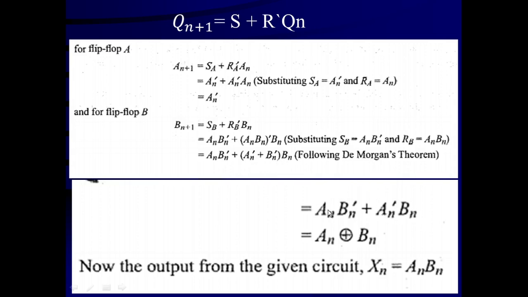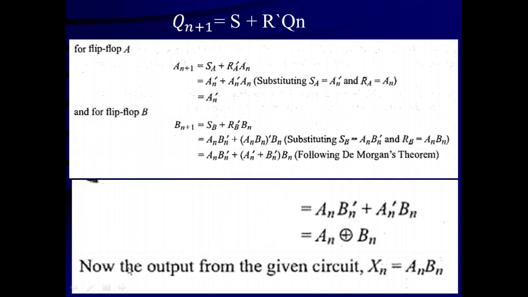This is nothing but AB bar plus A bar B, which is the Boolean equation of an exclusive OR gate with inputs An and Bn. So Bn plus 1 is the direct sum of An and Bn, that is An direct sum Bn. That is the next state output of flip-flop B.